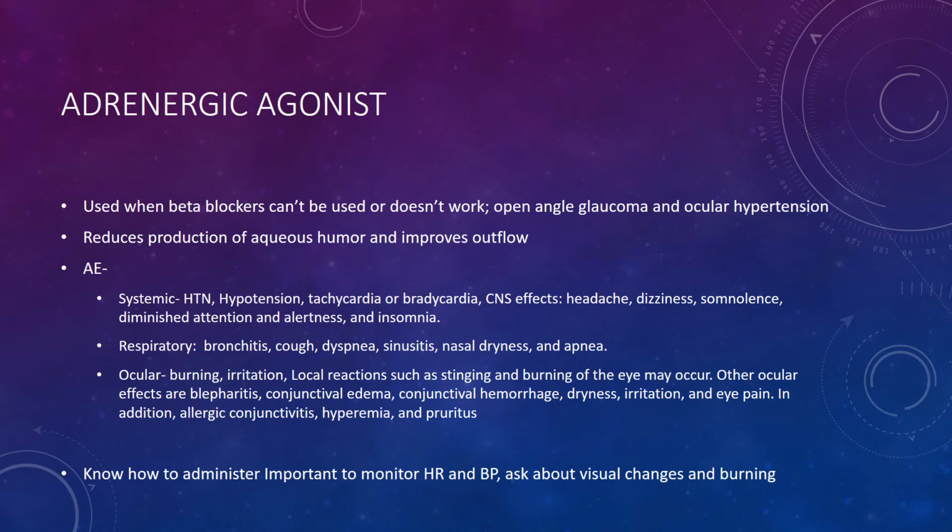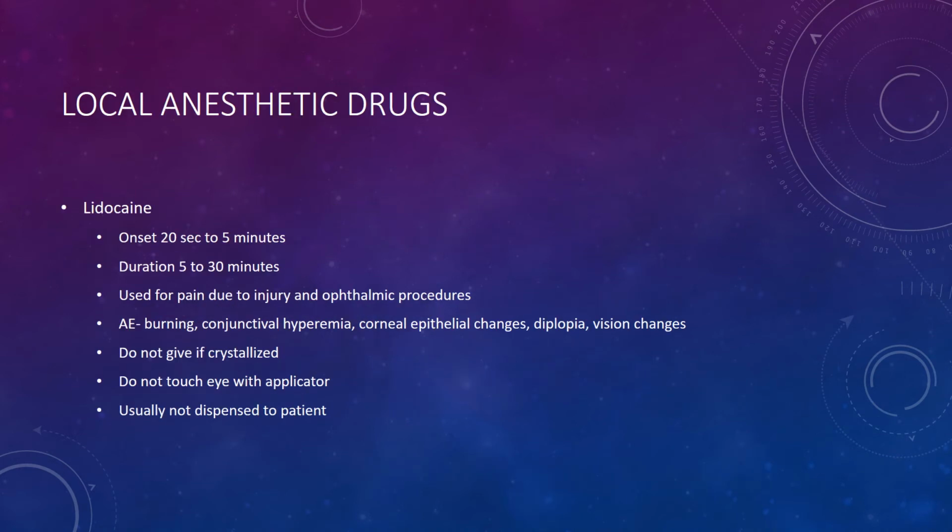Ocular, look at all those side effects: blepharitis, conjunctival edema, conjunctival hemorrhage. Goodness sakes, a lot of side effects is what it can definitely cause. And of course, we want to monitor the heart rate and blood pressure and check for any visual changes and burning after this is administered.